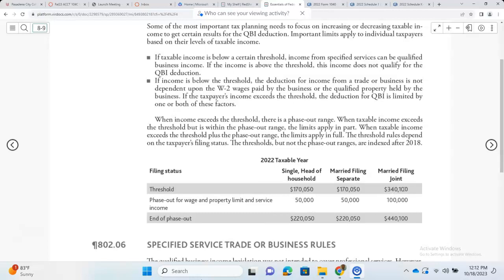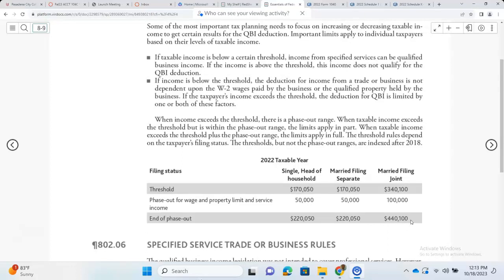$340,100. God knows where they came up with $100, right? That's for married filing jointly. Phase out for wages and property limit and service income is 100,000. So that 100,000 is the phase out section. That means start going down. The QBI income deduction will go down all the way till you get to $440,100 income.